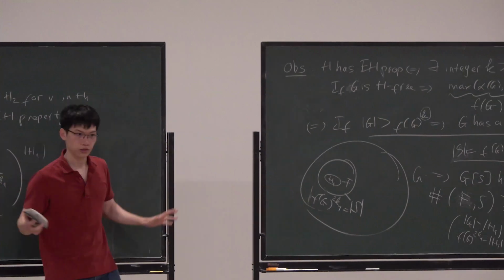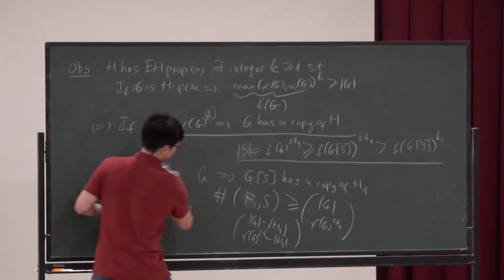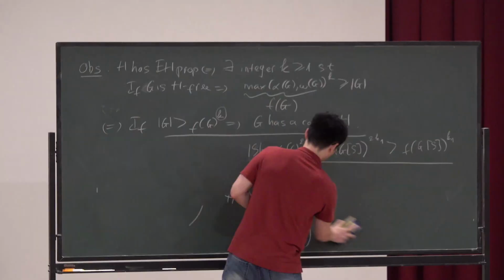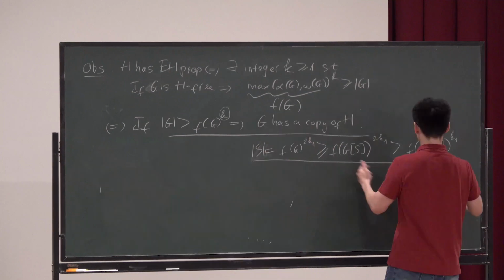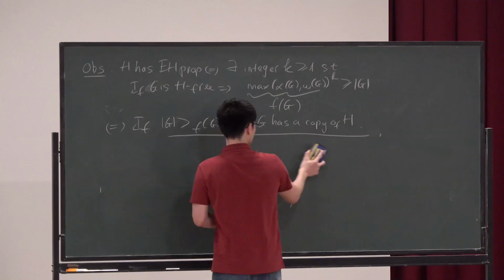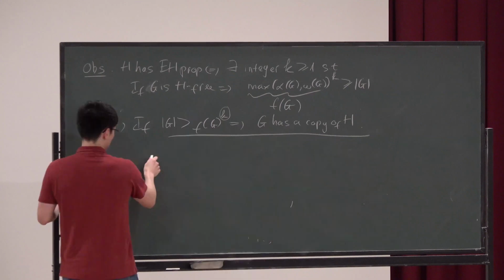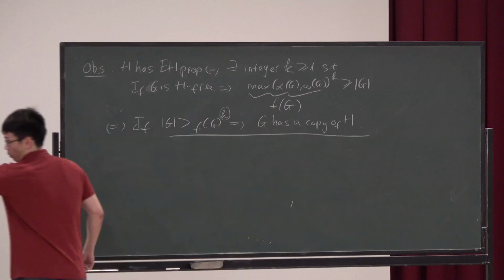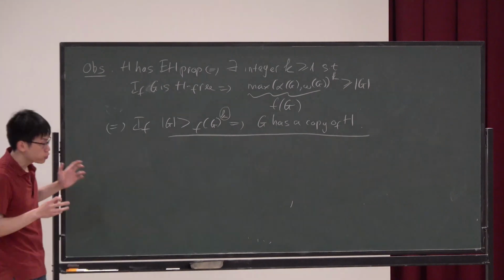So now we have this many copies of H1, and now we're trying to generate a copy of H by using H2. So what do we want to do?